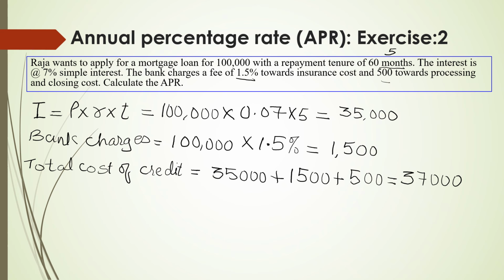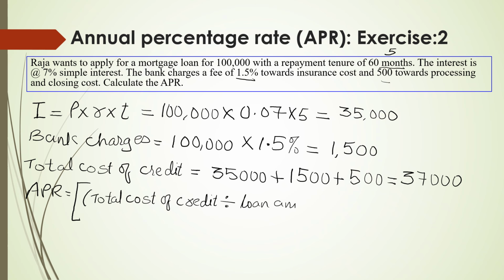Now we will write down the formula for APR. So APR is equal to, in a small bracket, total cost of credit divided by loan amount, small bracket close, then this amount is divided by loan term.